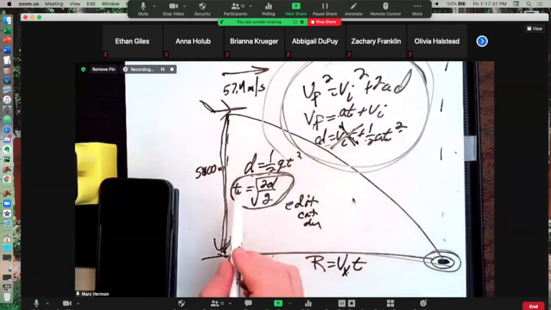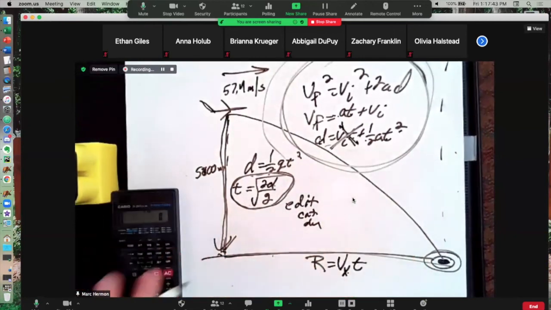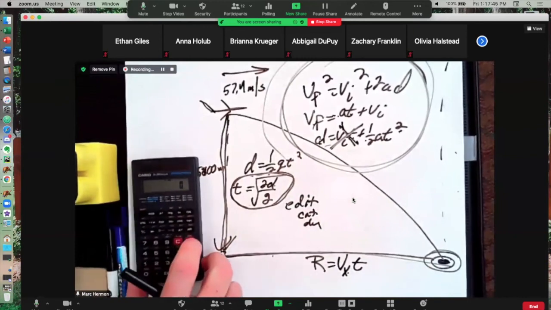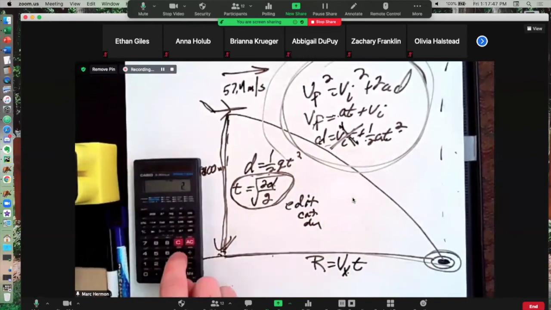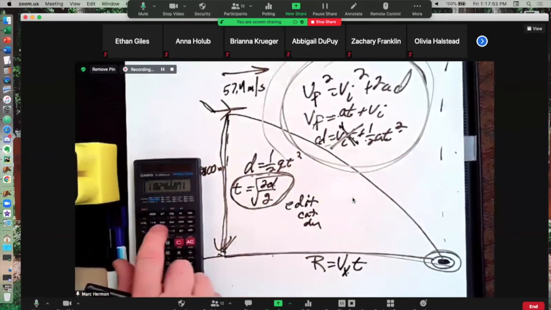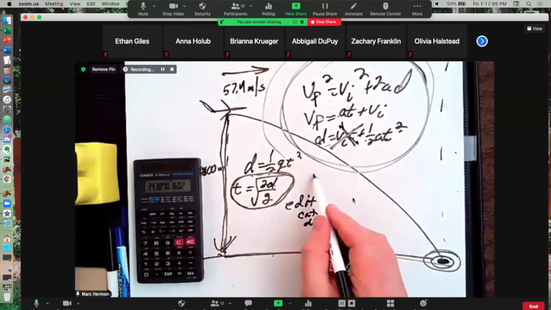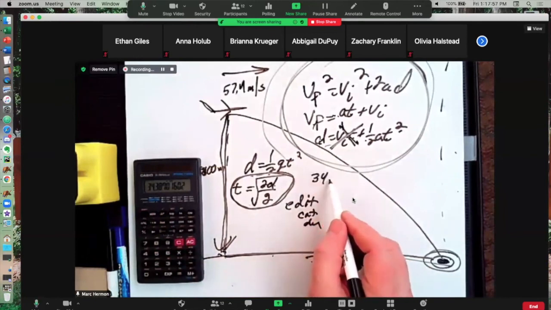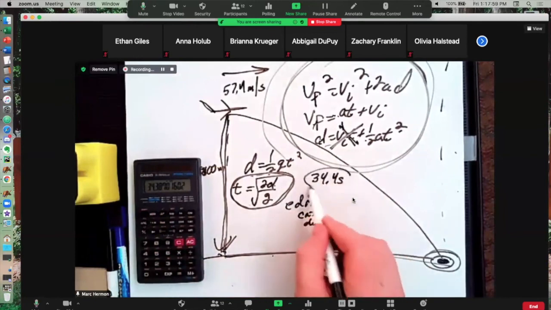If I solve for time, that's the square root of 2D over gravity. So 2 times 5,800 divided by 9.81, square root. The time is going to be like 34 seconds, 34.4 seconds to hit the ground.